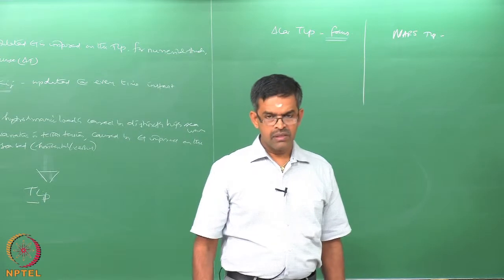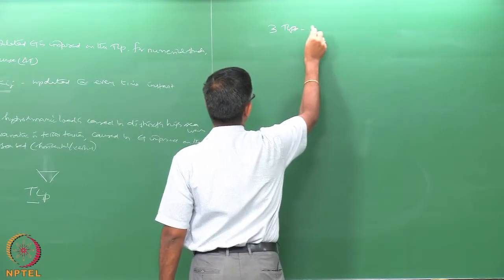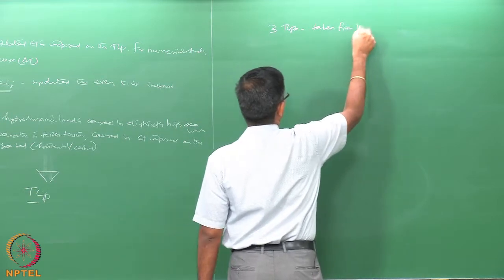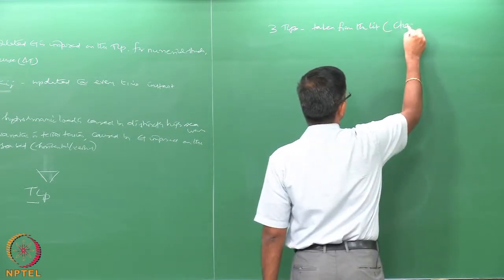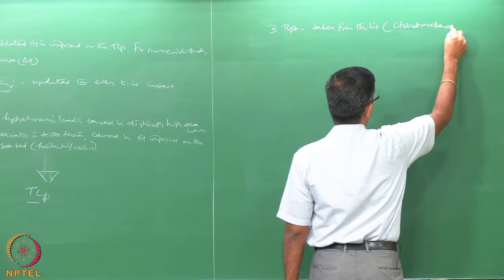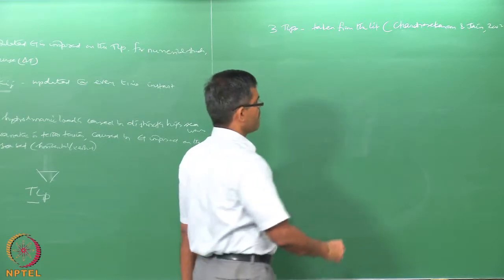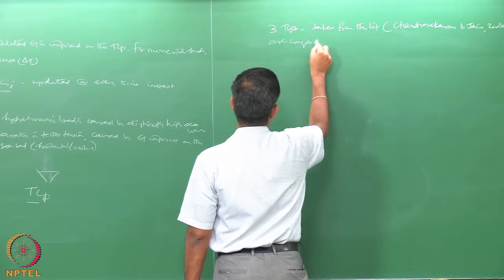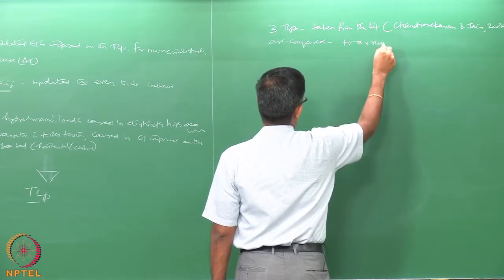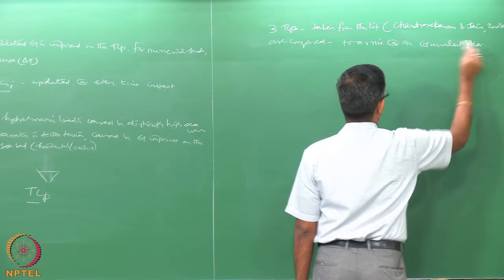So, to simulate this, the geometric properties of 3 square TLPs at different water depths, taken from the literature, are compared to arrive at an equivalent triangular geometry.